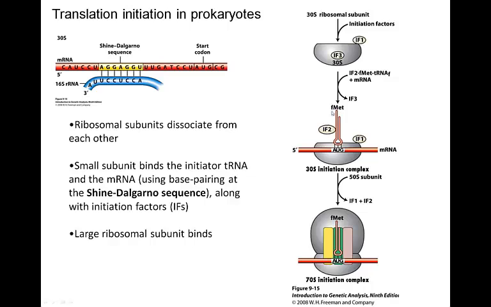In prokaryotes, this is called an F-MET transfer RNA, and this one specifically base pairs with that AUG, gets everything bound, and then everything's ready to go. The initiation factors will be released, and the large subunit of the ribosome will be bound. At that point, elongation starts.